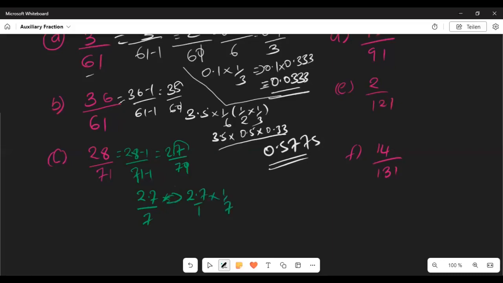That is easier because we know that 1 over 7 is 0.142857.